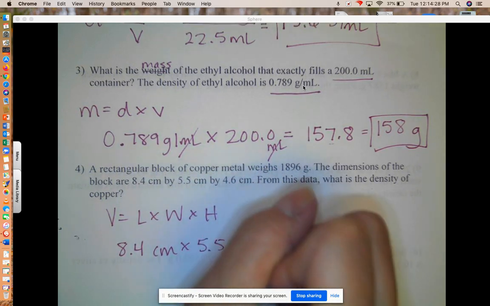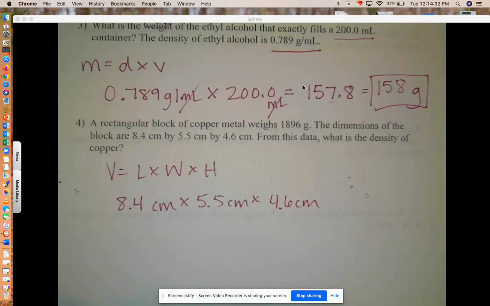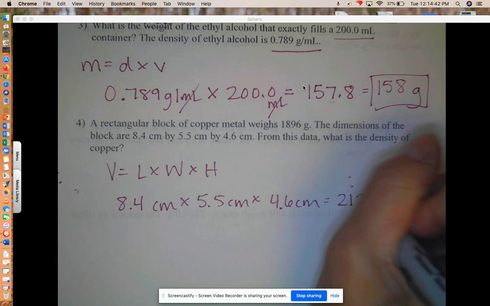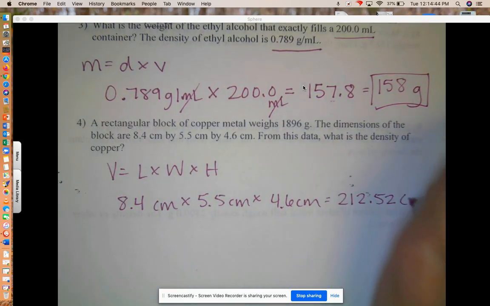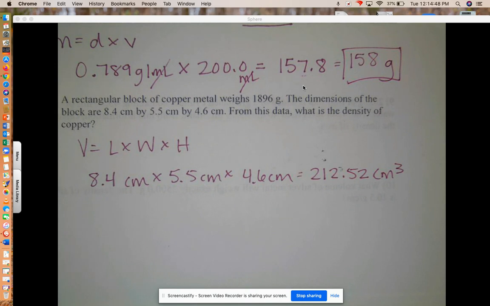And it's giving you those dimensions. That's what I got.